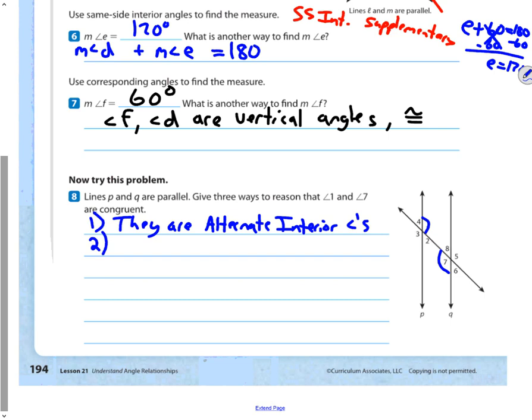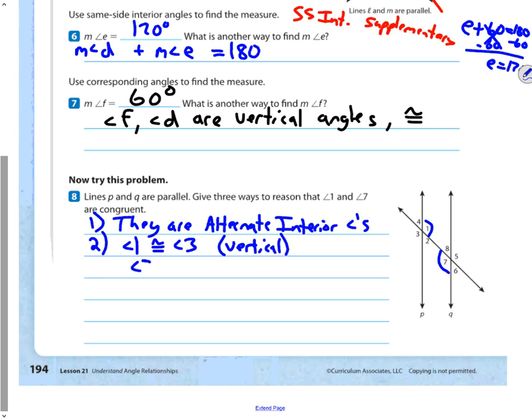Well, I would say angle 1, I'm going to move this out a little bit because it's covering up the 1. Angle 1 is congruent to angle 3 because they're vertical angles.